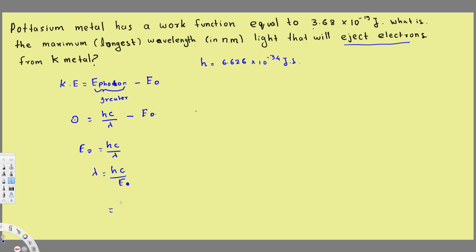So let's plug that in right here, multiplied by the speed of light, that is 2.998 times 10 to the power of 8 meter per second, divided by the work function, that is 3.68 times 10 to the power of minus 19 joule.